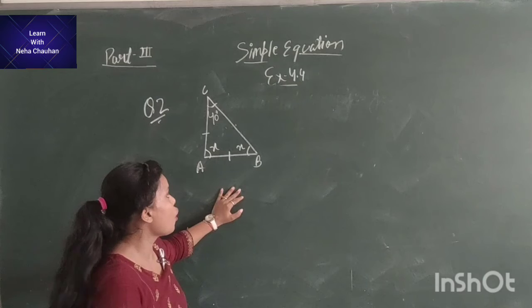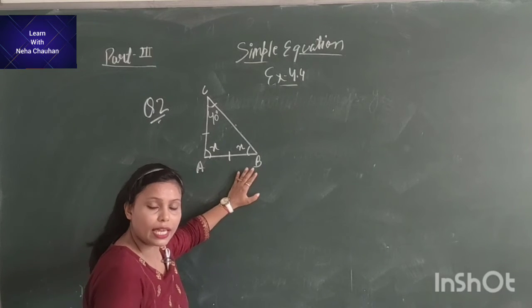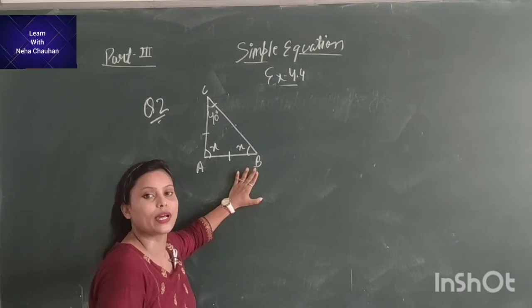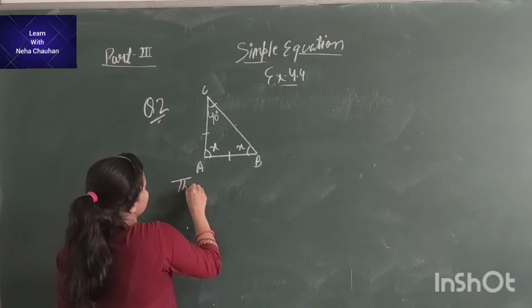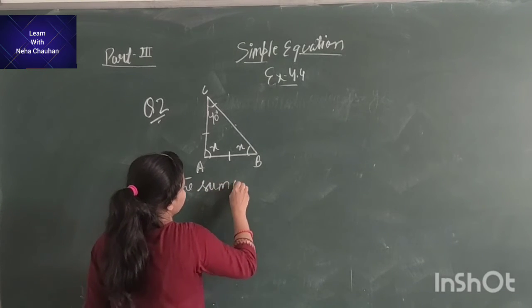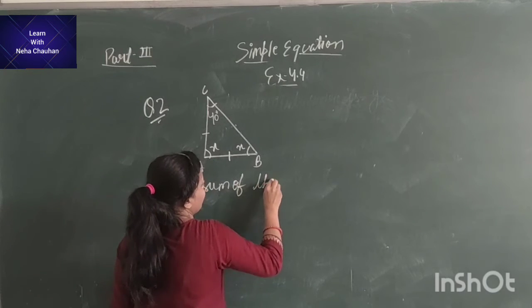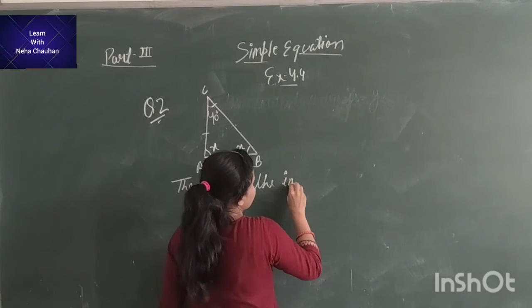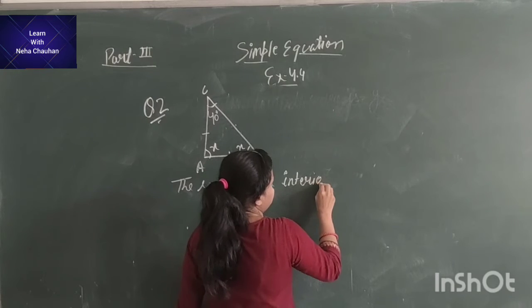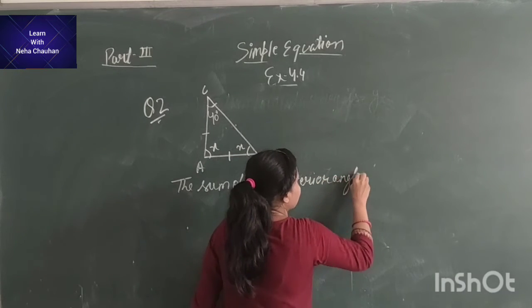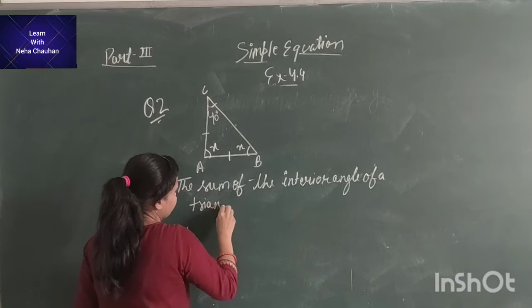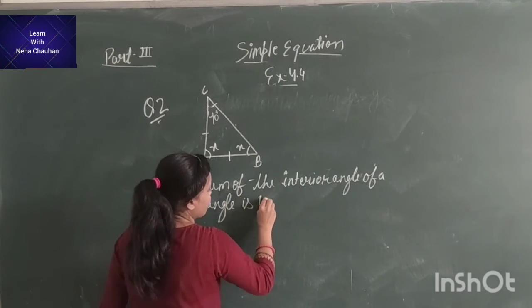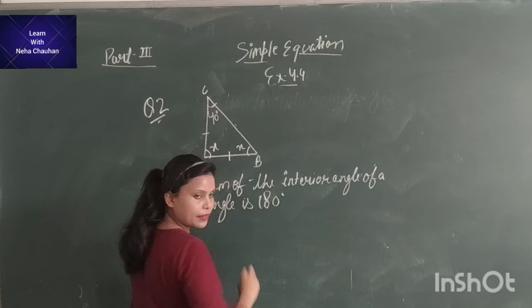So we know the property: the sum of the interior angles of any triangle is equal to 180 degrees, right?